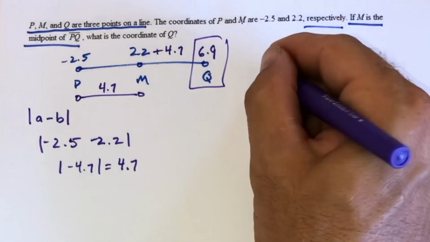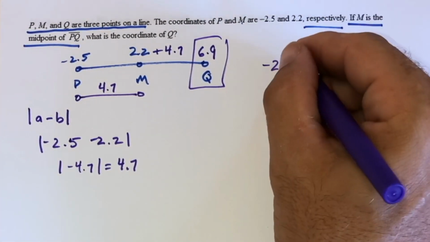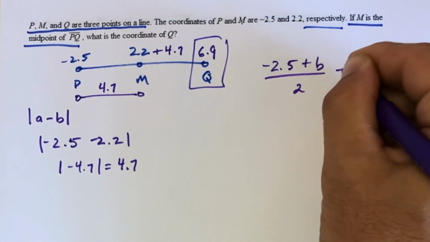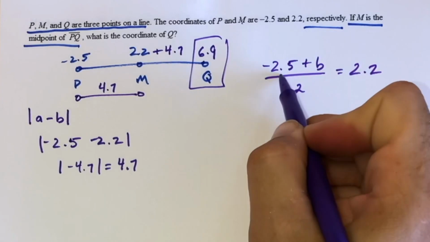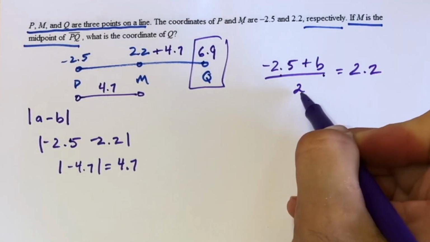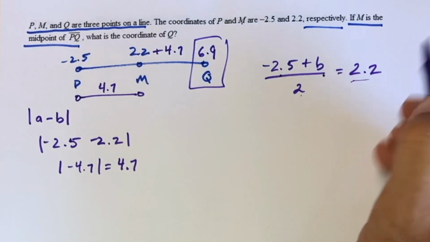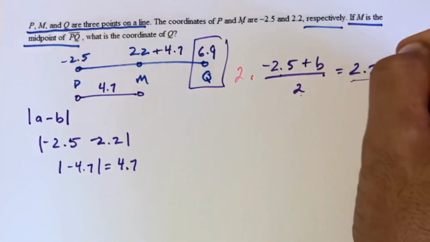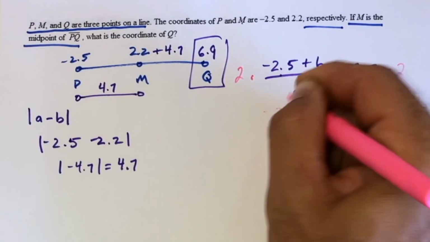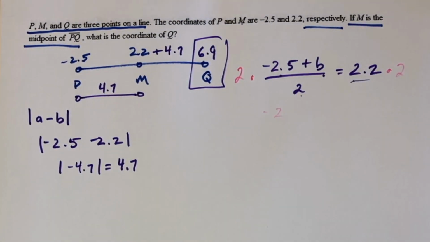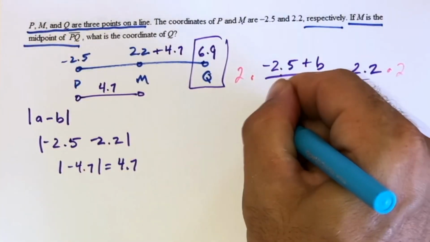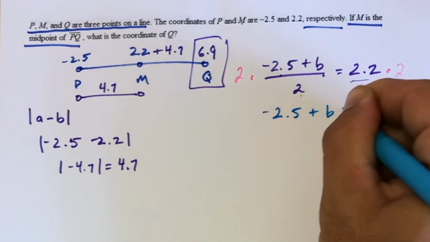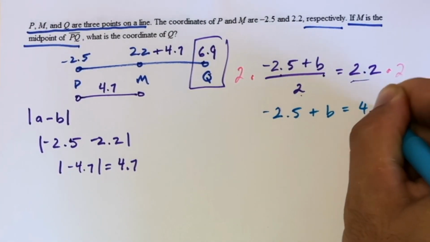You can use, as we did in the other question, your midpoint formula here and set it equal to your midpoint, right? We have the one point, plus the other, divided by 2, and we end up with our midpoint. Multiply both sides by 2, and now we begin to isolate our unknown B, 4.4.